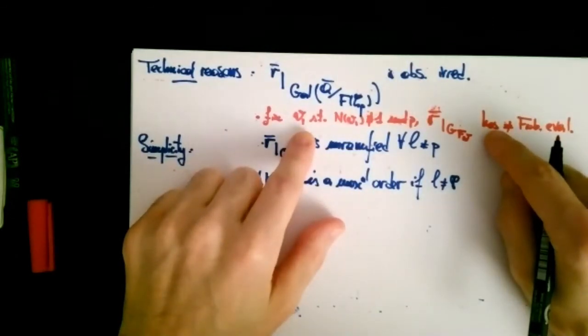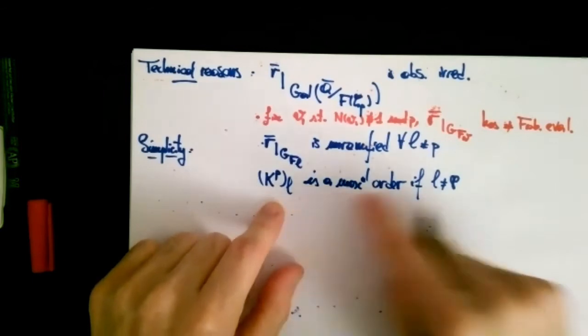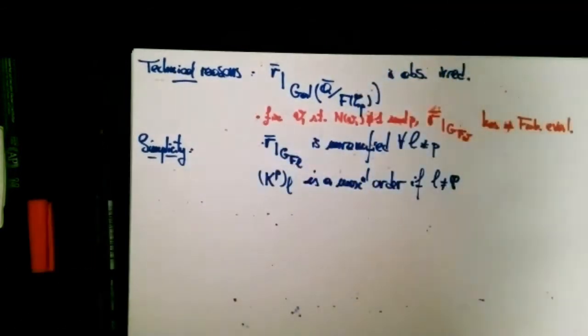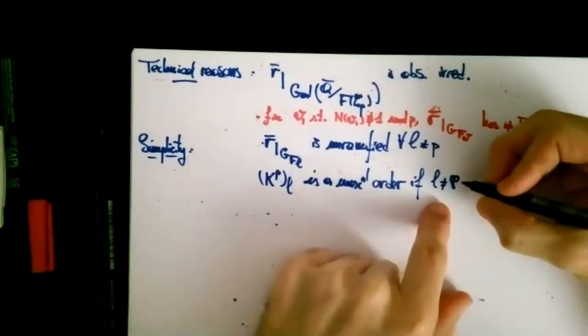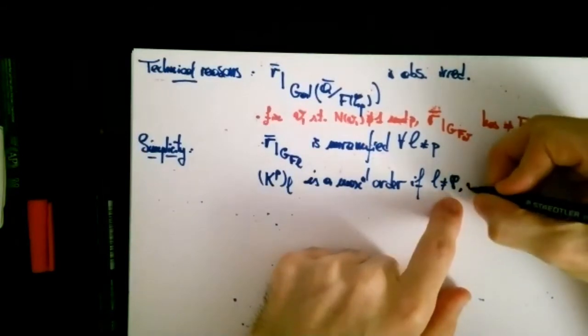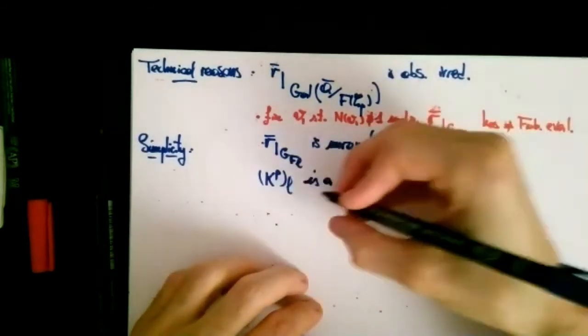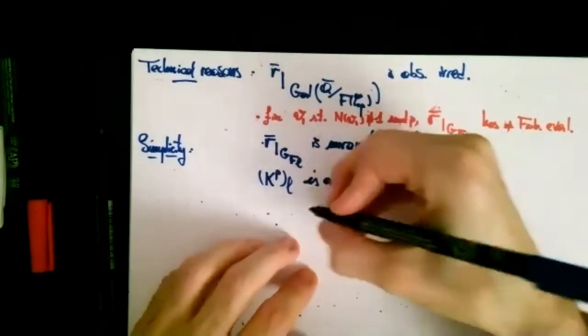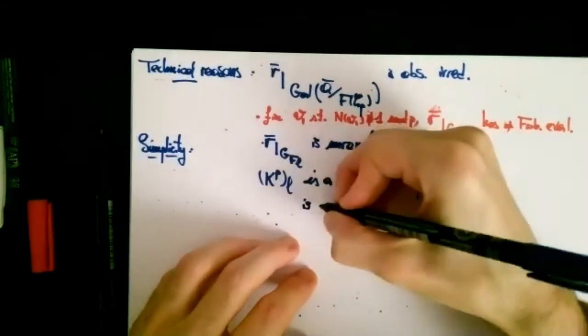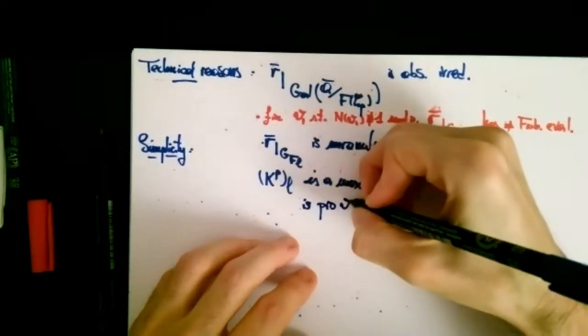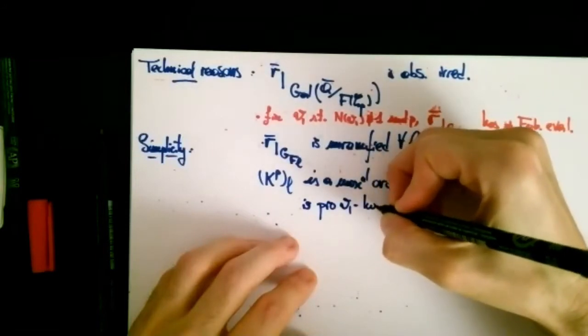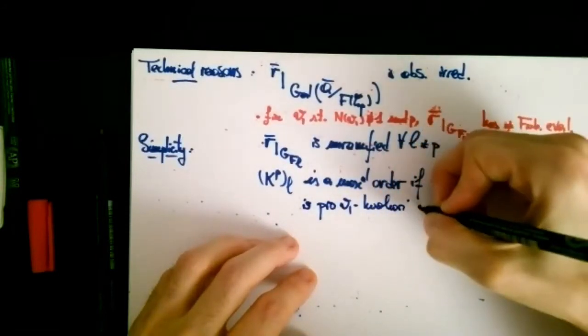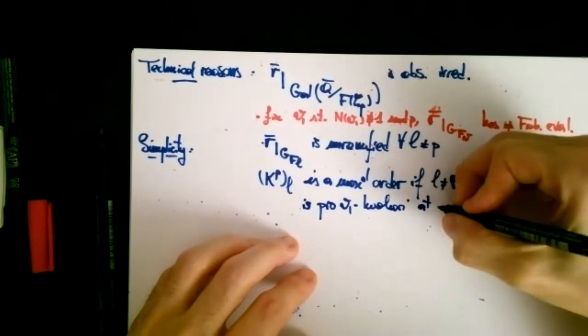Okay. So we assume that this is a maximal order if l is different from p and v1, and it is a pro-v1 Iwahori at v1.